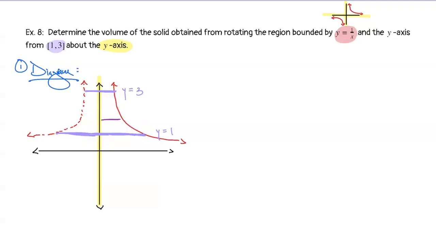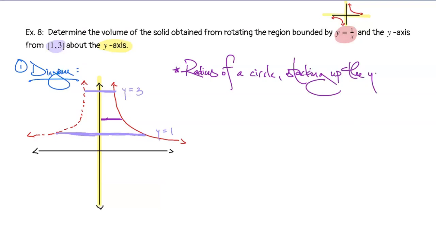And so any of these purple lines will now be the radius of a circle. And if we wanted to get more detailed, we could say stacking up the y-axis tells us right away that it is dy.